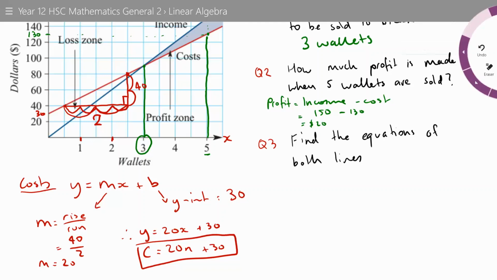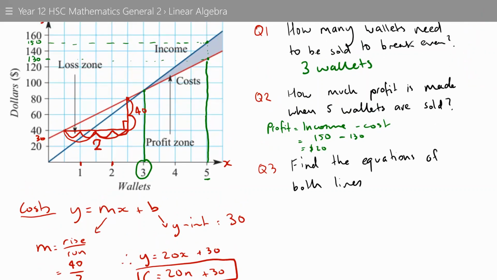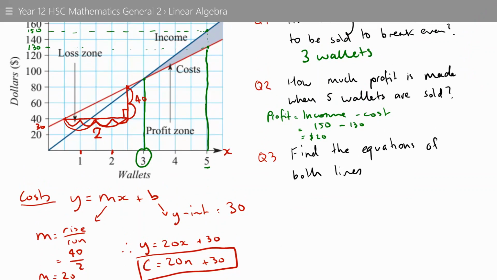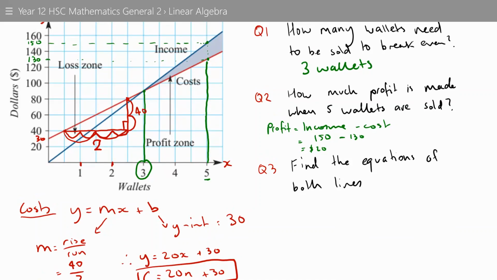In blue, I'm going to do the equation of the blue line to find the equation for the income. Again, we have to think about the two things, the gradient and the y-intercept. So I've got y equals mx plus b. This is for income. We need this y-intercept, b.